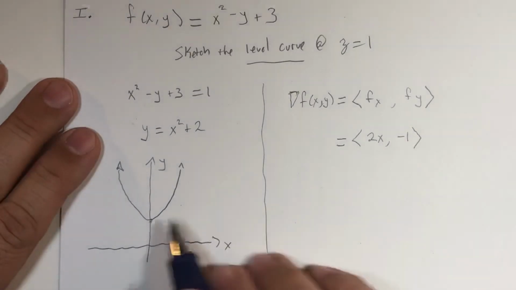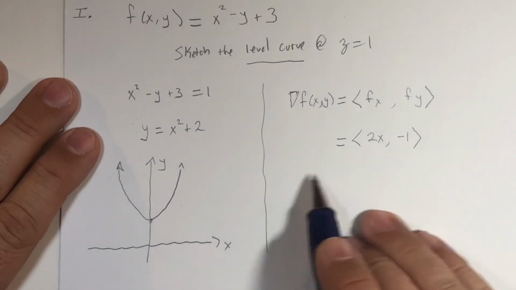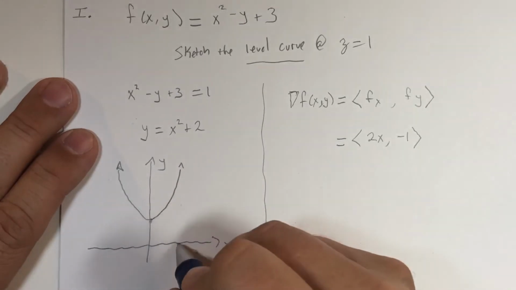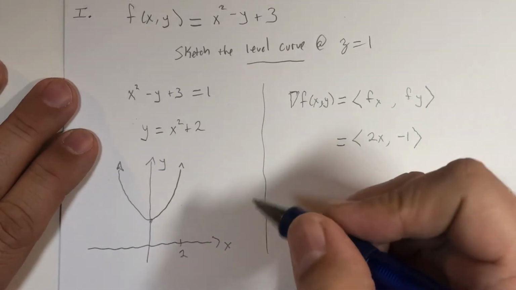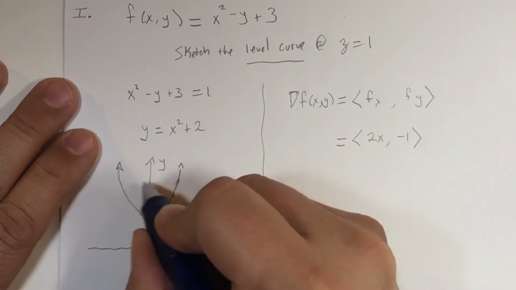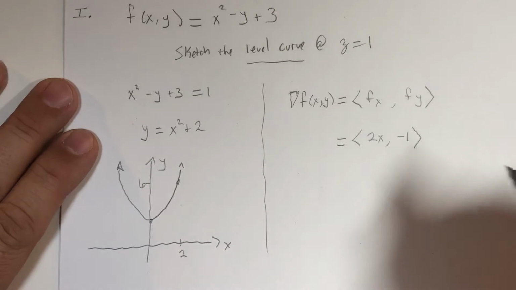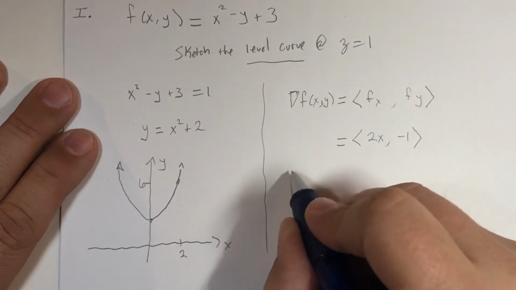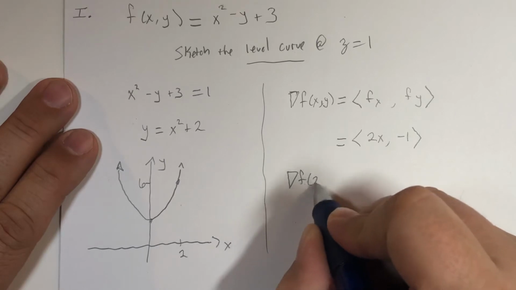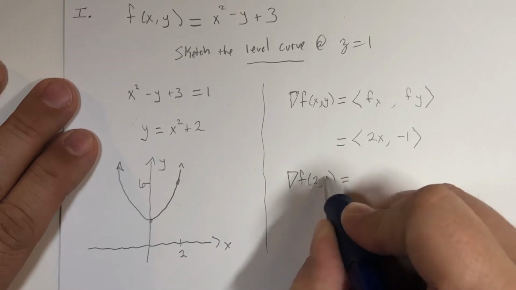And we're trying to see how these two worlds compare together. So if we were to find a point on this parabola, when x is 2, it turns out that y is 6. And we were to establish what is the gradient when x is 2 and y is 6.